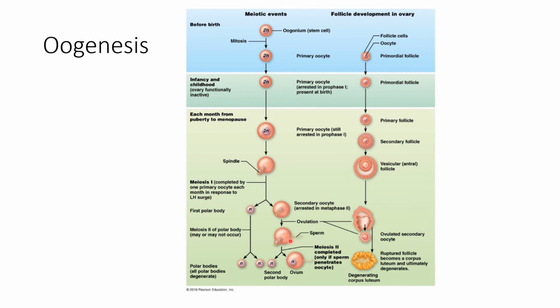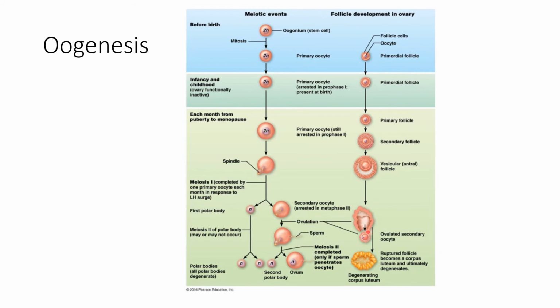And if that happens, then after finishing off meiosis number 2, the secondary oocyte is going to yield a second polar body and an ovum. And the ovum is going to go ahead and carry now half the number of the chromosomes.